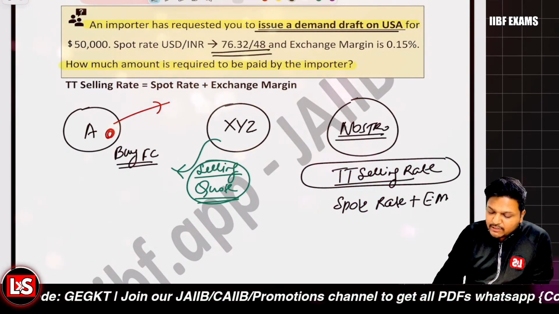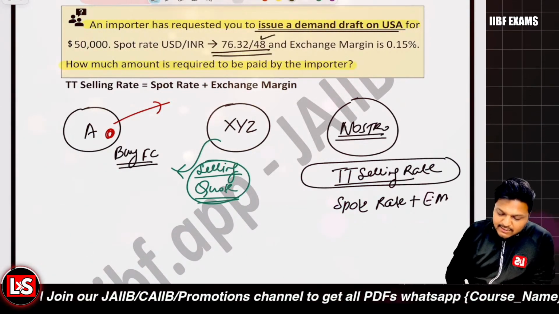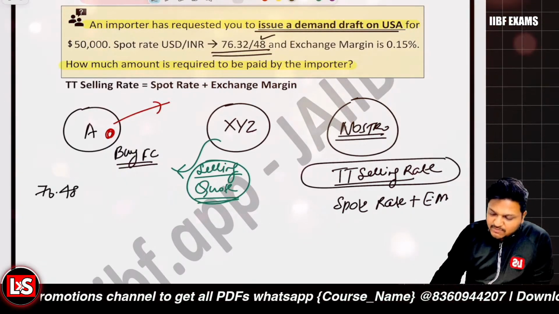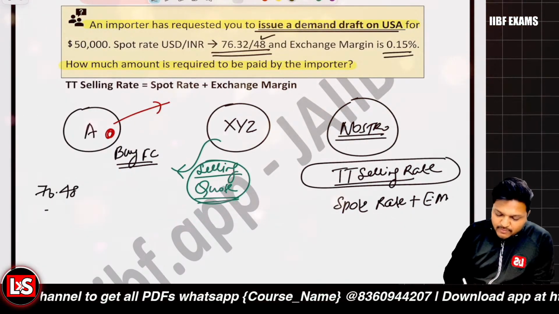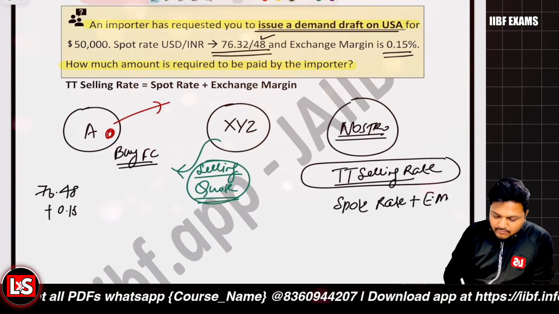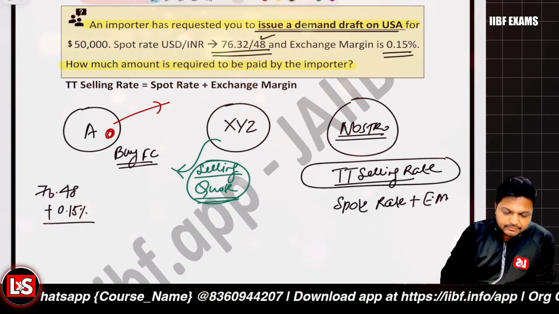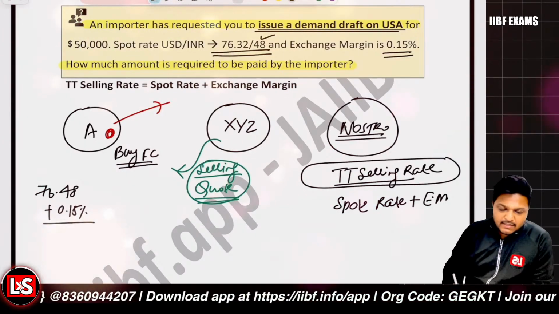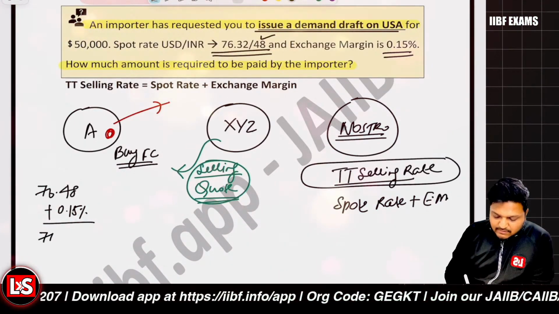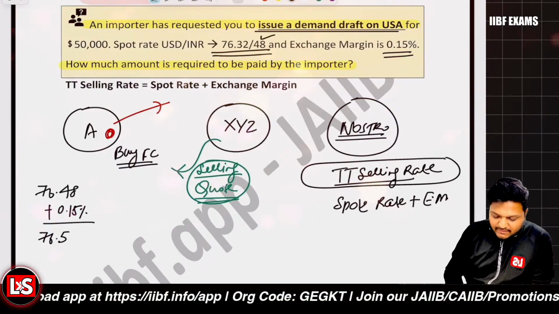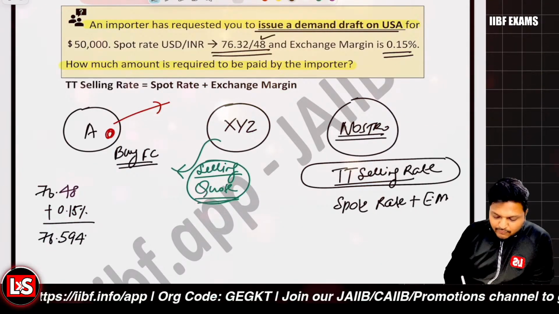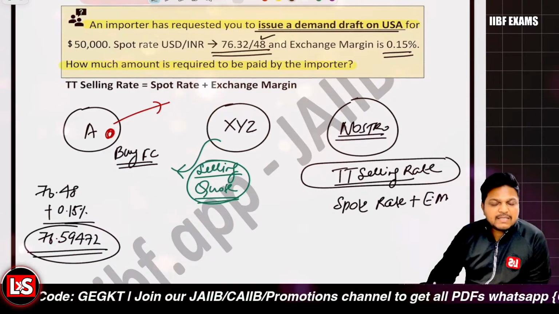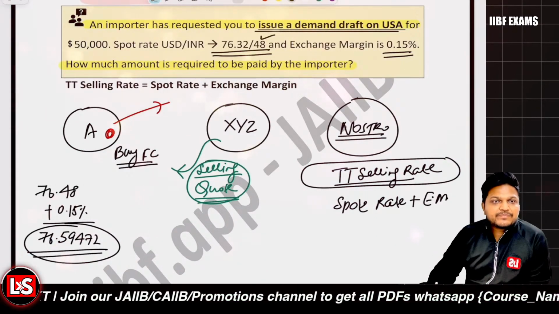It's a selling rate we have to look into, so it is 76.48 and the exchange margin is 0.15%, that is to be added up. 76.48 plus 0.15%, that is 76.59472. That is the rate that will be applied.